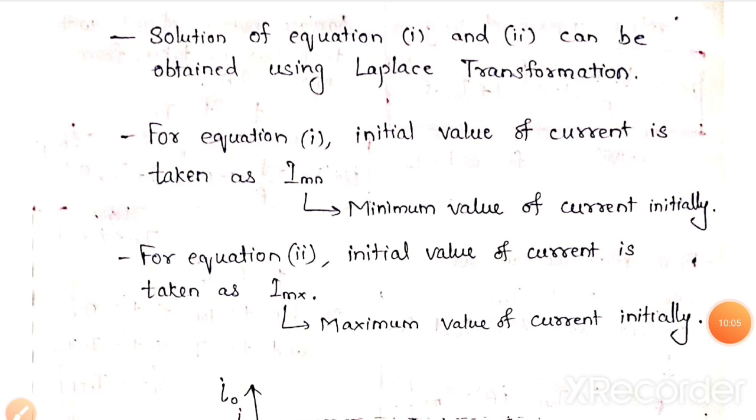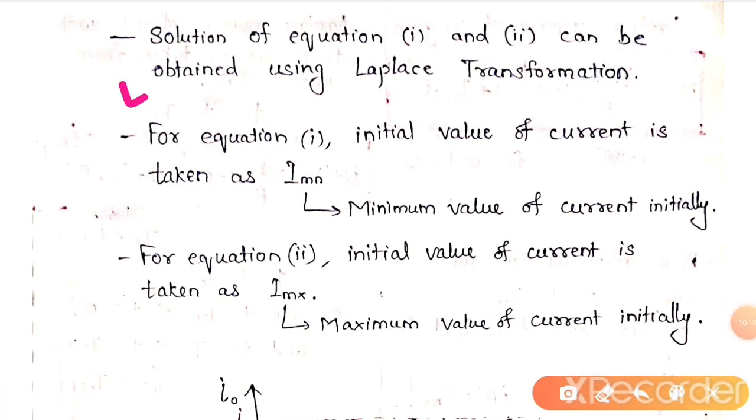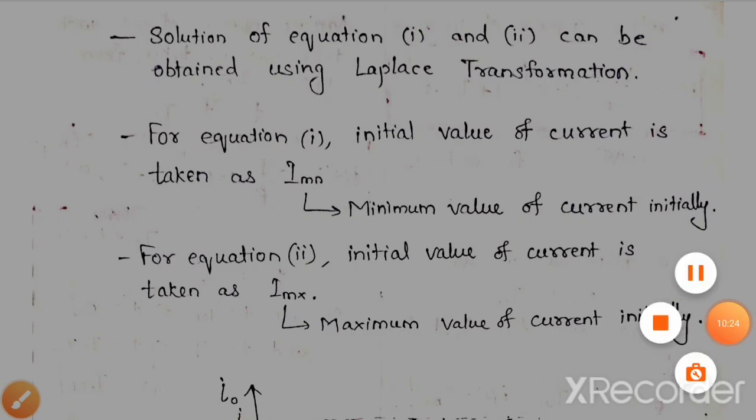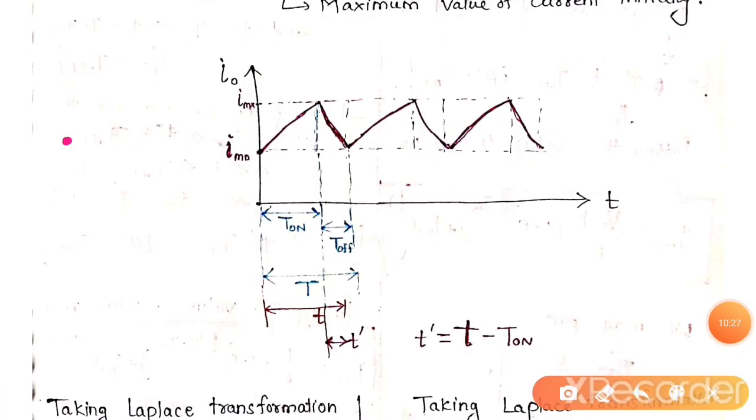We can obtain the solution for the above two equations using Laplace transformation, and we have taken certain assumptions: the minimum value of the current is Imin and the maximum value of the current is Imax. So the current profile will look somewhat like this.